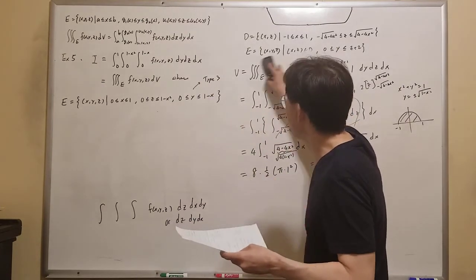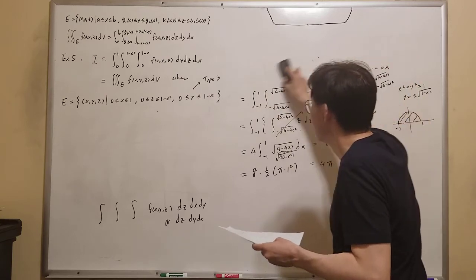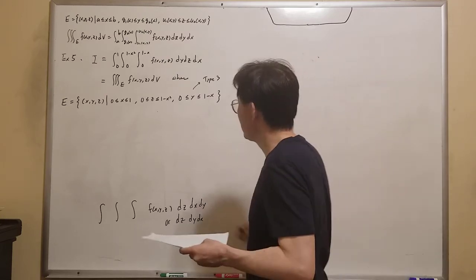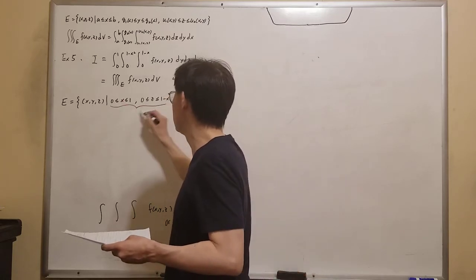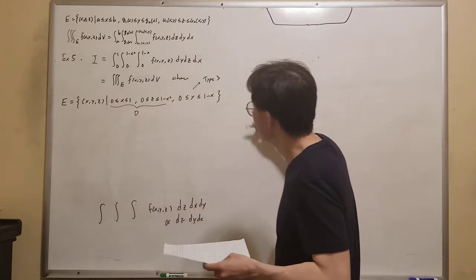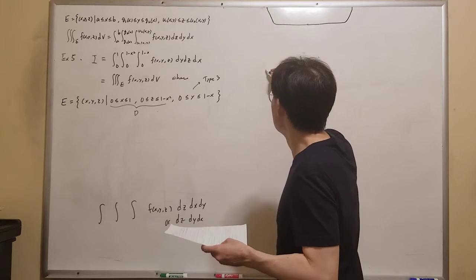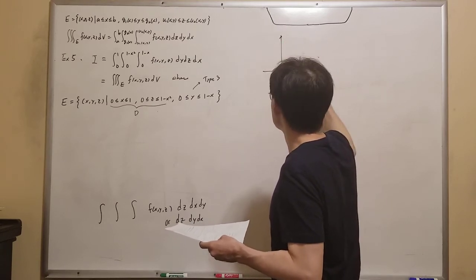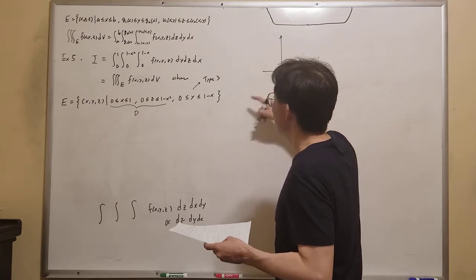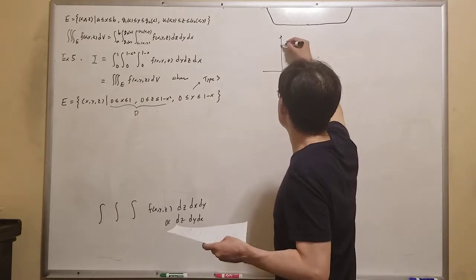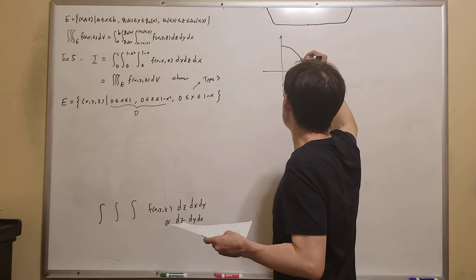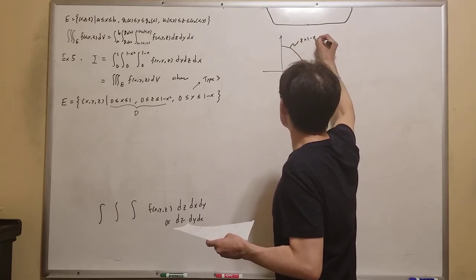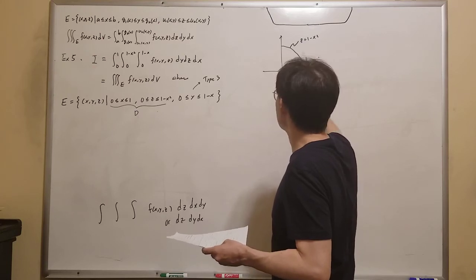Now let's recognize the shape. The domain D, this one covers domain D. D is x and z, where x runs 0 to 1 and z runs 0 to 1 minus x squared. Part of a parabola, 1 minus x squared. X runs from 0 to 1, z from 0 to this.